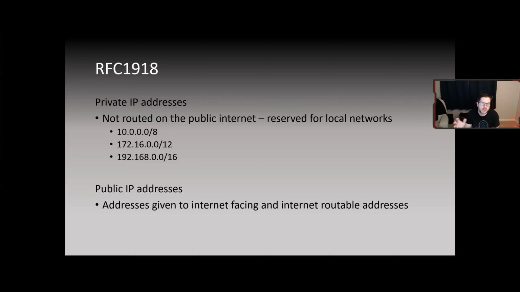Those are free reign. If you have those defined on the internet and you're using those inside your network, and you tried to reach an internet site that had that address, it would be internal to your network. Your network is going to prefer the one that's local to it, and you won't be able to route to it. And then your public IP addresses are just those that are out on the internet.